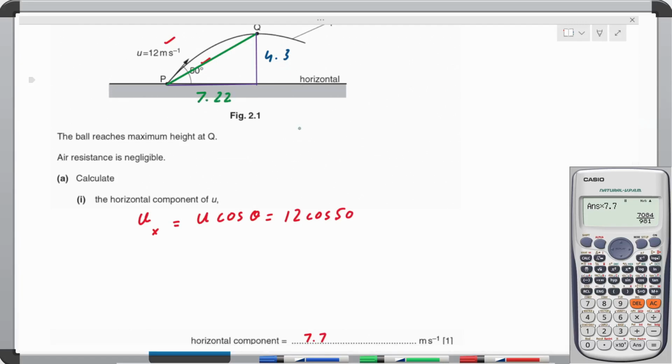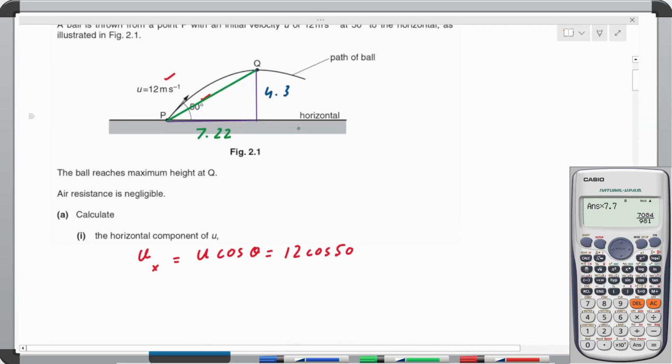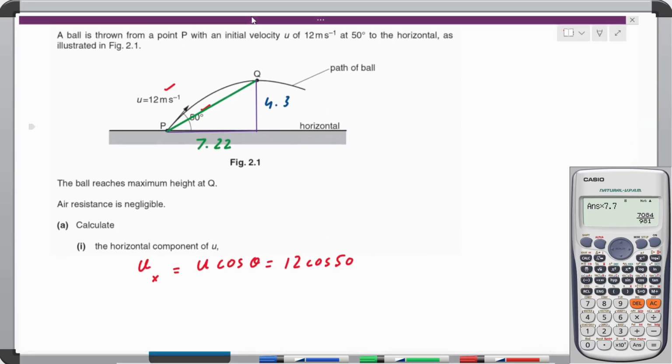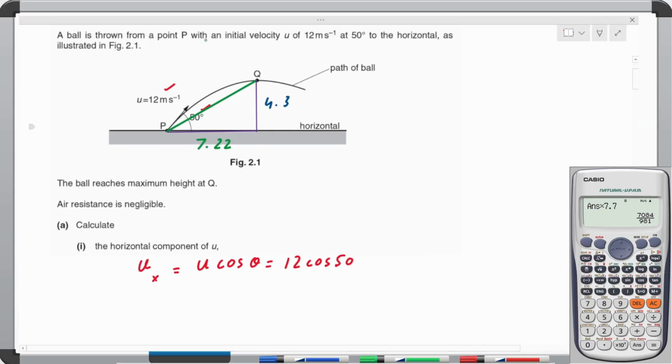We need to find the displacement. We can use the Pythagoras theorem. So that would equal the square root of 7.22 squared plus 4.3 squared.